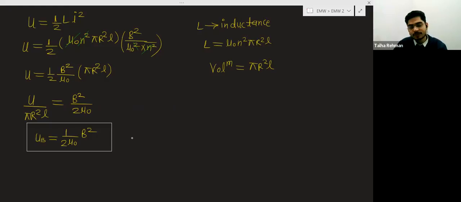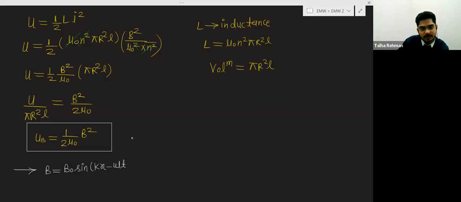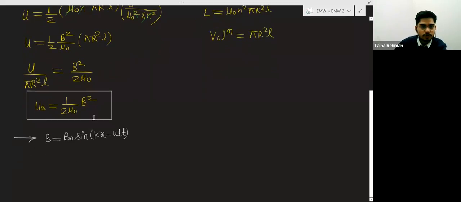Now the magnetic field is also changing with time in the electromagnetic wave. So magnetic field is given as B is equal to B naught sine kx minus omega t. You can write this. So now put the value of magnetic field here.